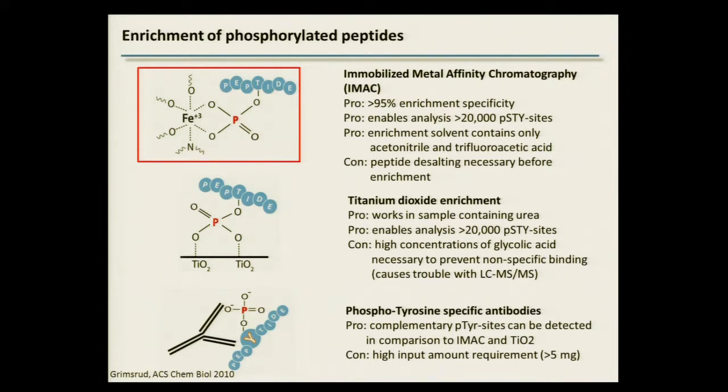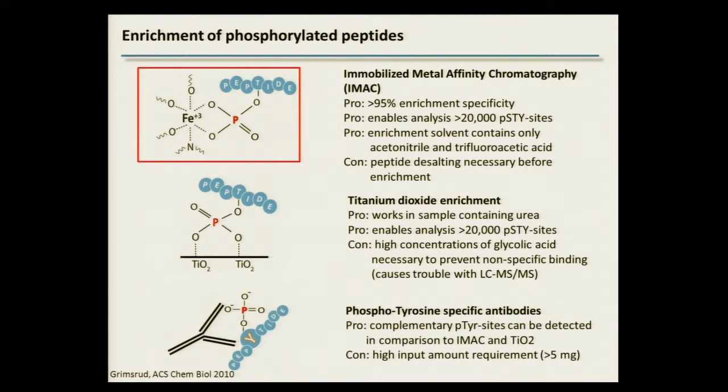But a big disadvantage here is that you need high concentrations of glycolic acid or dihydroxybenzoic acid to prevent non-specific binding of non-phosphorylated peptides to the beads. And this causes a lot of trouble downstream with our liquid chromatography and also with our mass spectrometers. Therefore, the more popular way, or our main way to do phosphopeptide analysis currently at the Broad is to do IMAC enrichments. But there's other labs that only do titanium dioxide, for example.